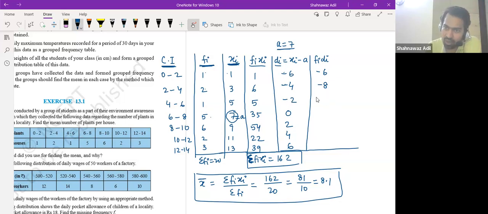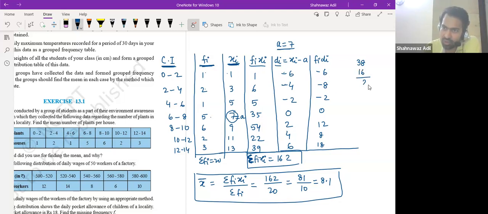Minus 2 into 1, minus 2. 0. This is 12. This is 8 and this is 18. Right. So this is 20 and 18, 38. So 38 and then this is how much? 16. Right.